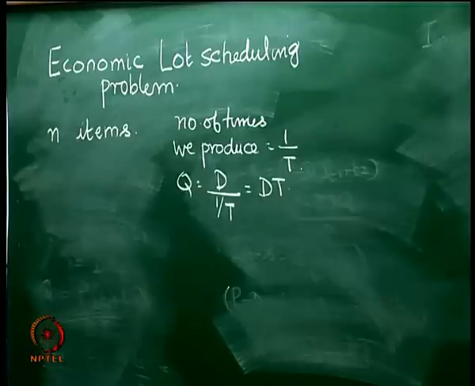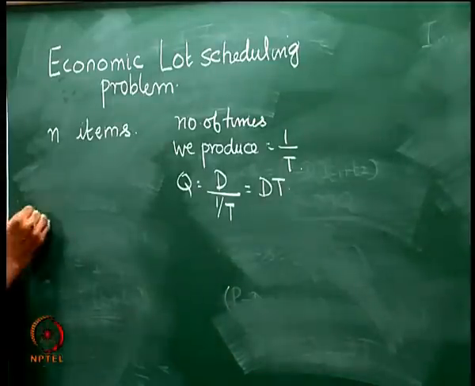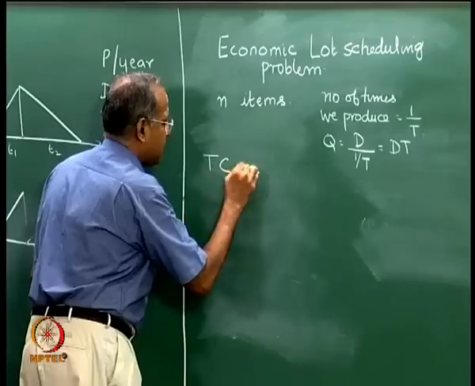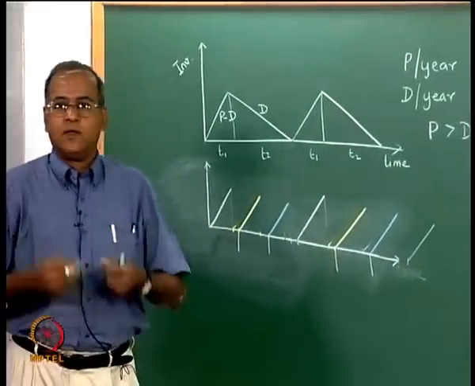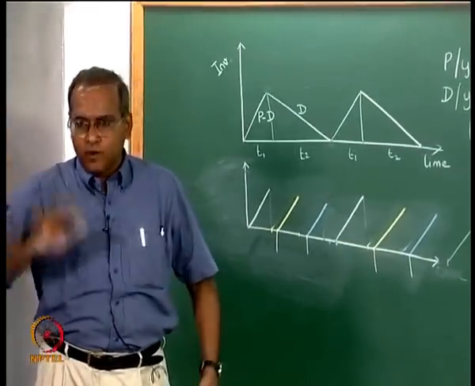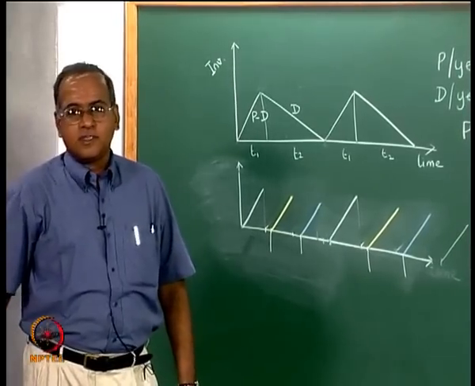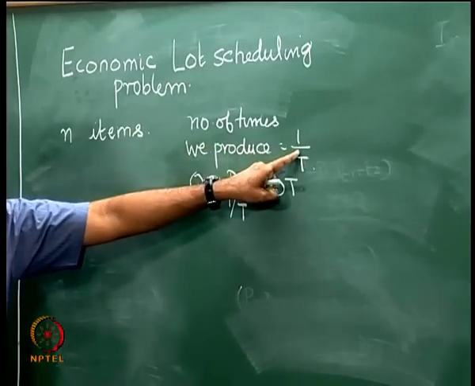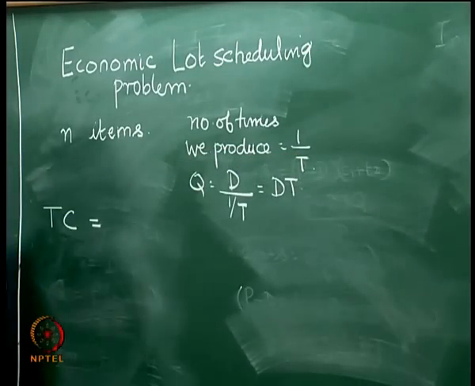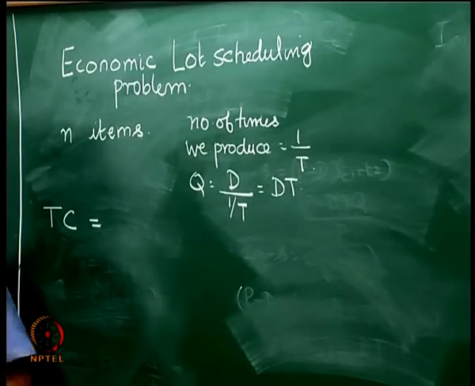right. So, for each item, so for the first item, if I find total cost, it is equal to setup cost plus inventory holding cost. So, setup cost is number of times we produce, which is 1 by T, and every time we produce we incur a setup cost of C naught.